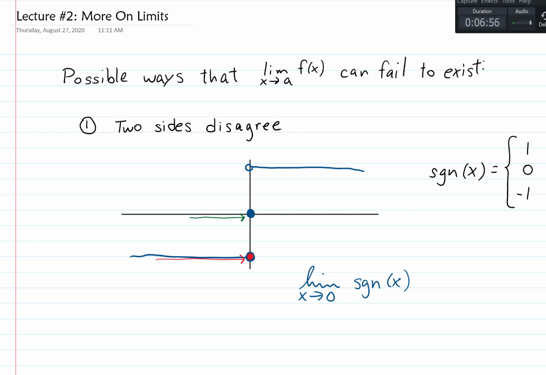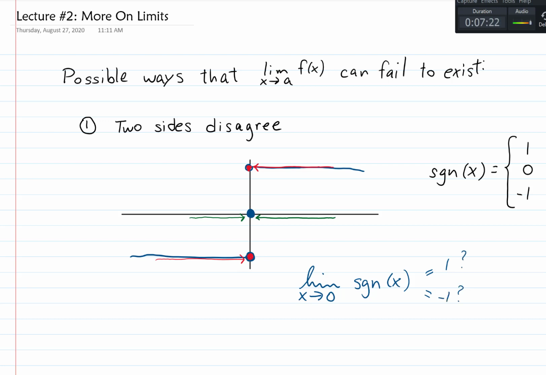Now, if x is approaching 0 from the right, then the function is approaching an entirely different value. So you have to ask this question: what's the answer? Is the answer 1 or is the answer -1?